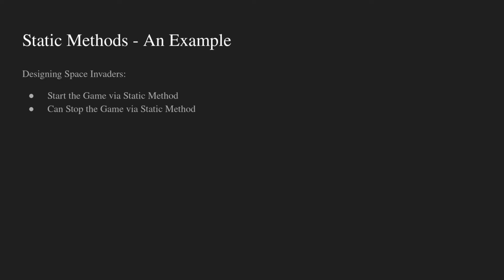Again, it's really hard to explain, but static methods are kind of this exception to the rule that us programmers use when we don't think we need an instantiation of something to run some code.